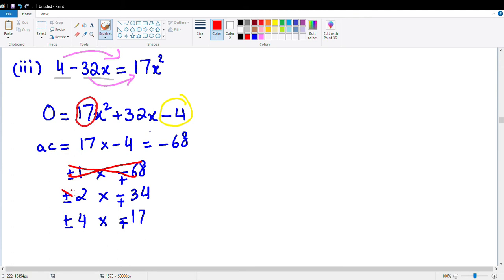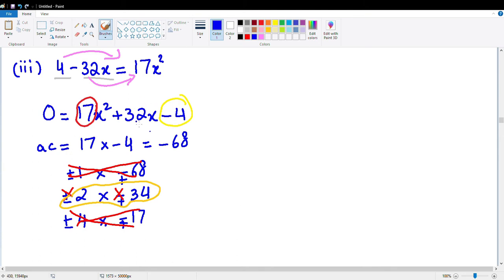So this is wrong, but this one is right. That means we don't need this pair. So that's our pair. Our pair is minus 2 and plus 34.